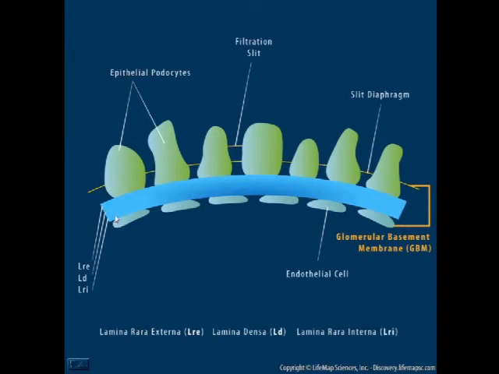The lamina rara interna is the electron-lucent layer bordering on the capillary endothelium. Its composition is the same as that of the lamina rara externa. The adhesive glycoproteins of this layer help the endothelial cells of glomerular capillaries to keep their attachment to the GBM.